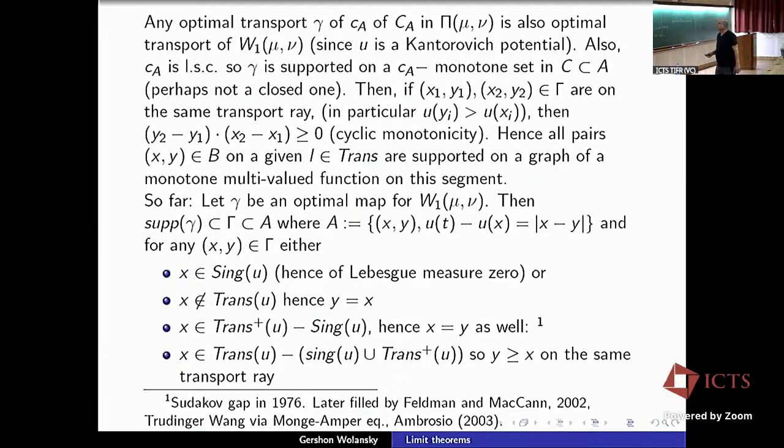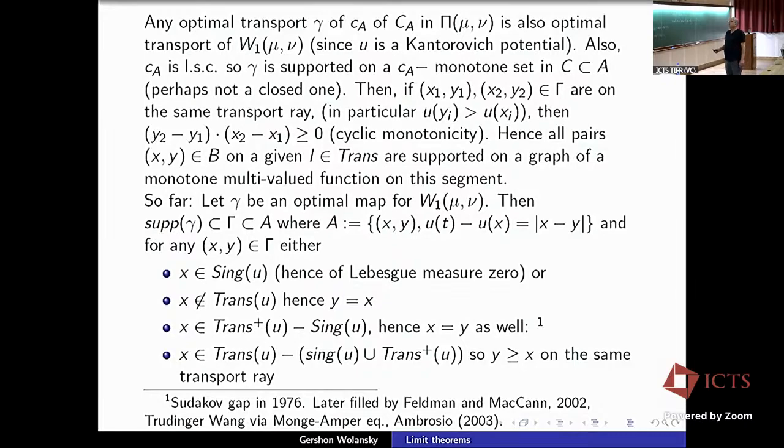So we look at the space and we break it into subsets related to the transport line. This is a set of transport lines. So we have several types of points.